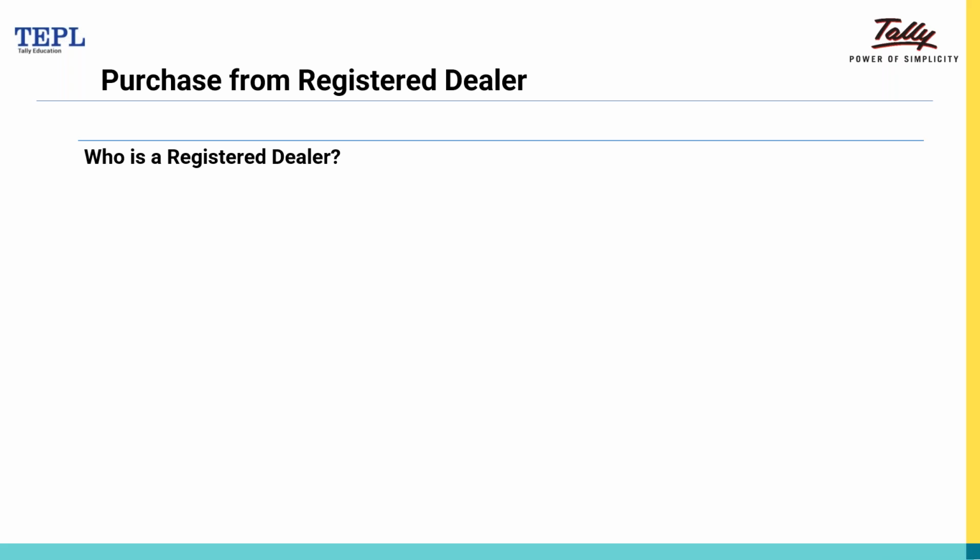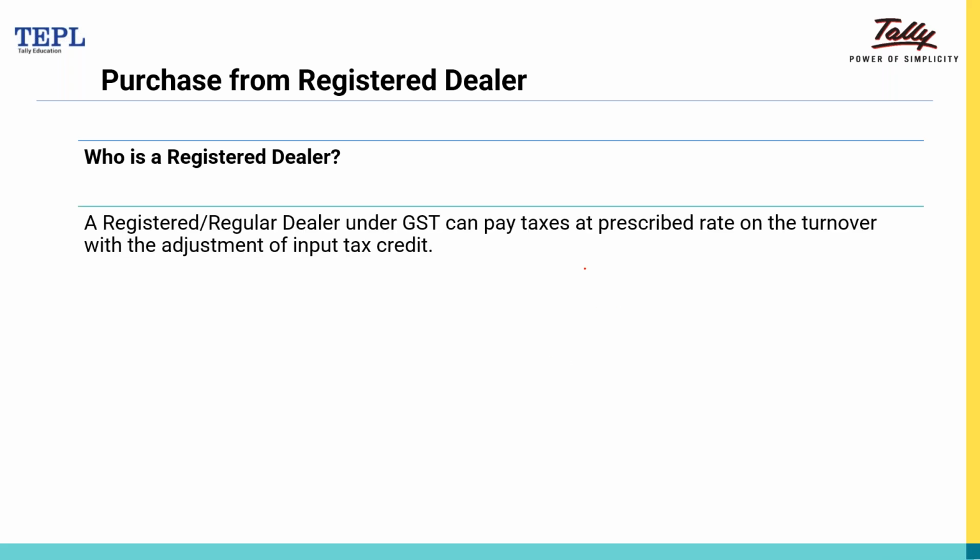Okay, so let's start with purchase and sales to a regular dealer. So what is a registered dealer? A registered dealer under GST can pay tax at the prescribed rate on the turnover with the adjustment of input tax credit. I think you are all aware of what input tax credit is.